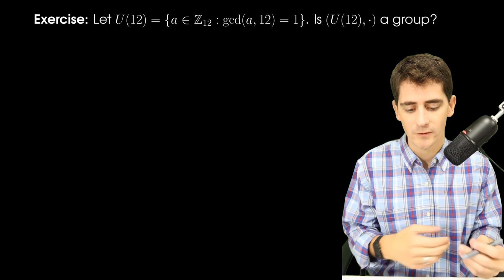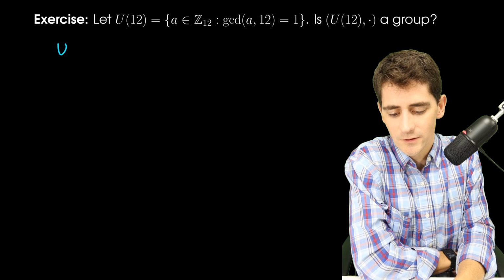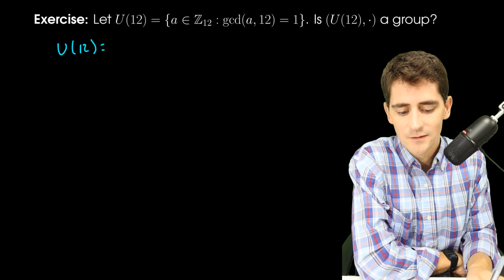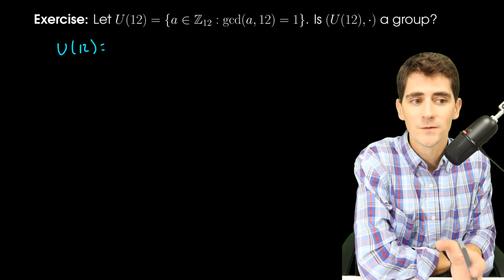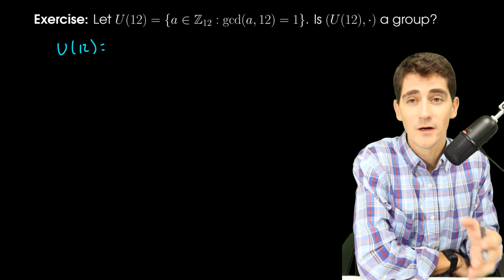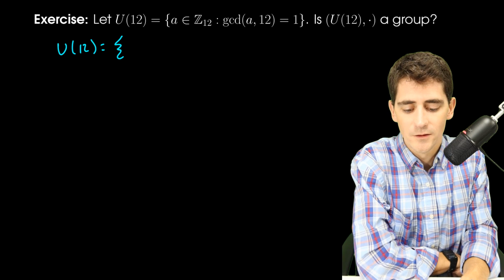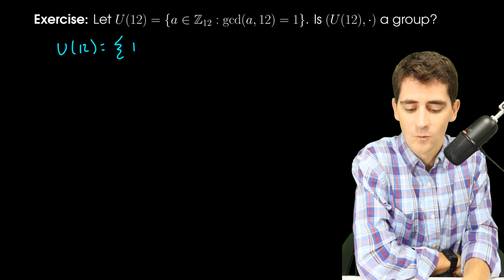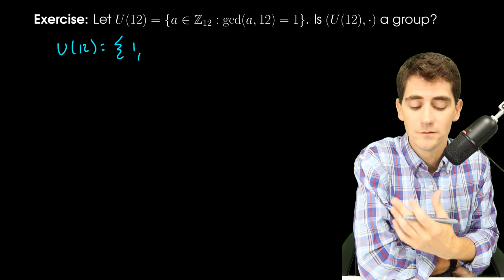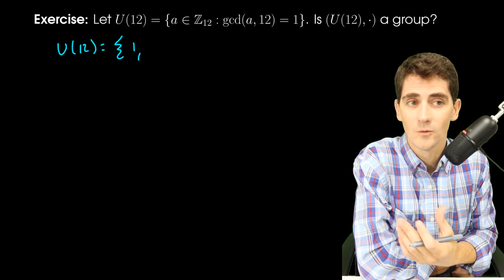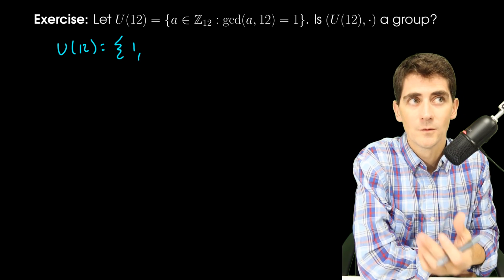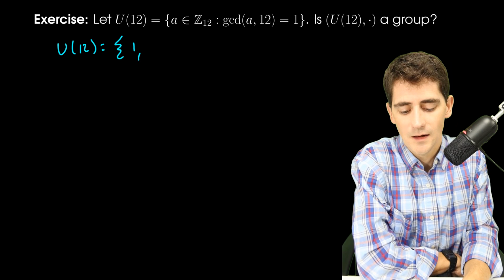So Z4 with multiplication is not a group. What about U12? I guess we need to figure out what U12 is. This is the things in Z12, so we're going from 0 to 12, but have greatest common divisor with 12 of 1. In other words, it's relatively prime to 12. So 0 is not in this. 1 is. What about 2? GCD of 2 and 12 is not 1. 3, no. 4, no. How about 5?